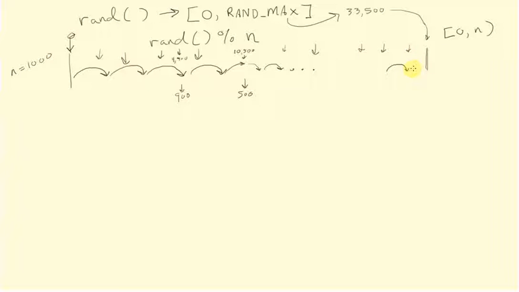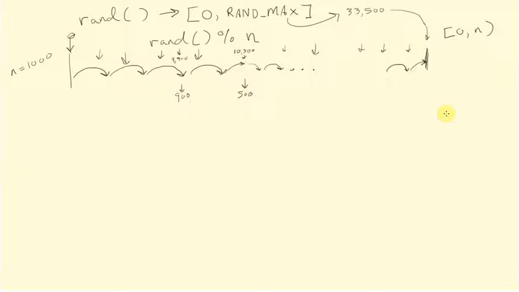But what happens is, when you look at the potential modulus values when you do what rand outputs modulus n, the last modulus cycle here only is able to do half of the numbers, right? So these other numbers aren't given a chance to occur as equally as the numbers on this side.